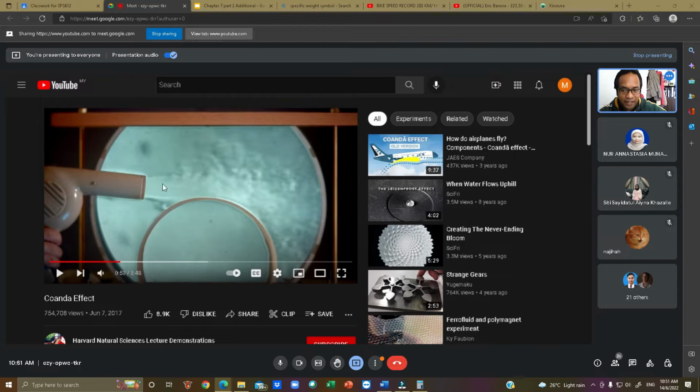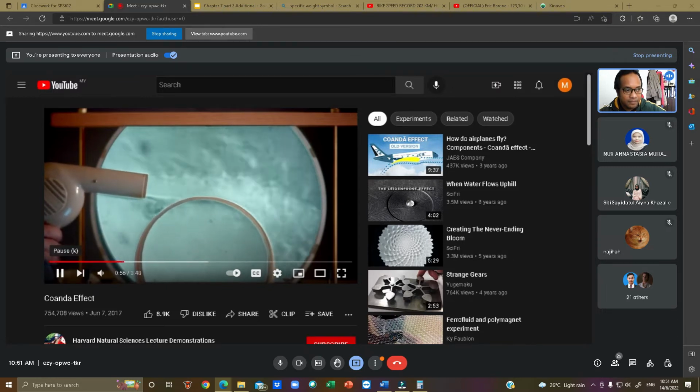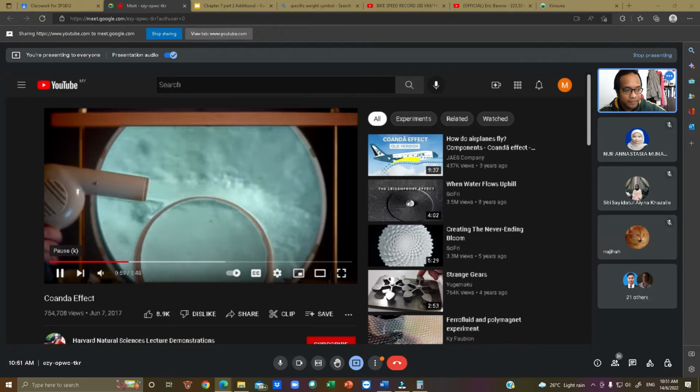Jadi kalau angin ni ada daripada atas, ada daripada bawah, when these two directions meet, kat sini kita akan dapat turbulent. Ini masih lagi lamina lah. The air gets deflected downward. You can see all those cloud of air, tu semua turbulent. It follows the contour of the cylindrical object.